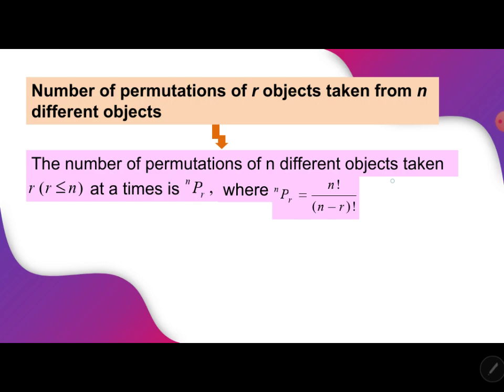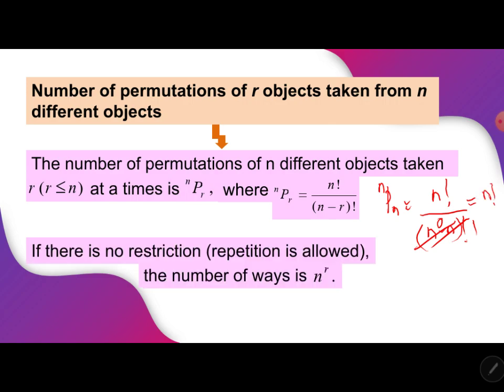If we have nPn, the formula will be n factorial divided by n minus n factorial. So n minus n factorial is 0 factorial, which is equal to 1. That's why nPn is equal to n factorial.